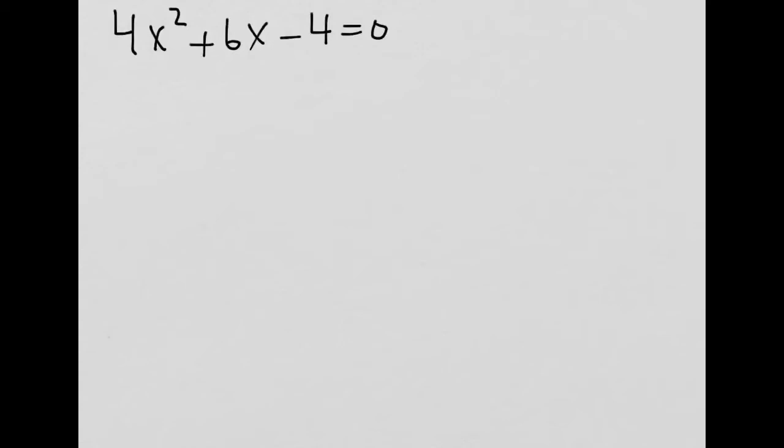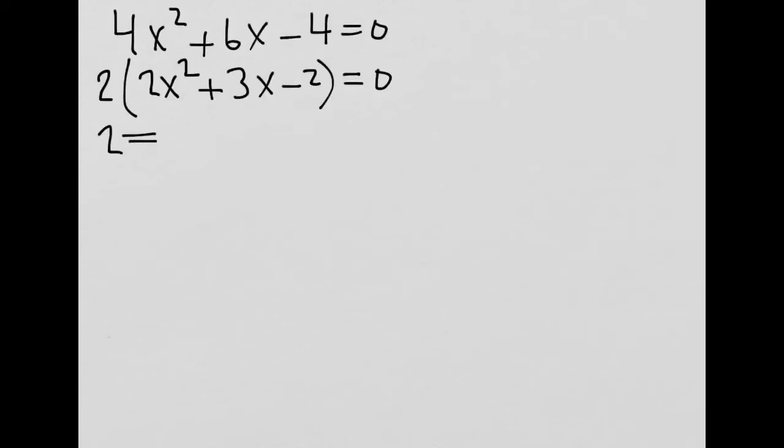We can start out by factoring a 2, and that leaves us with 2 times 2x squared plus 3x minus 2 equals 0. Obviously, 2 is not 0, so by the zero factor property, it must be that 2x squared plus 3x minus 2 equals 0.